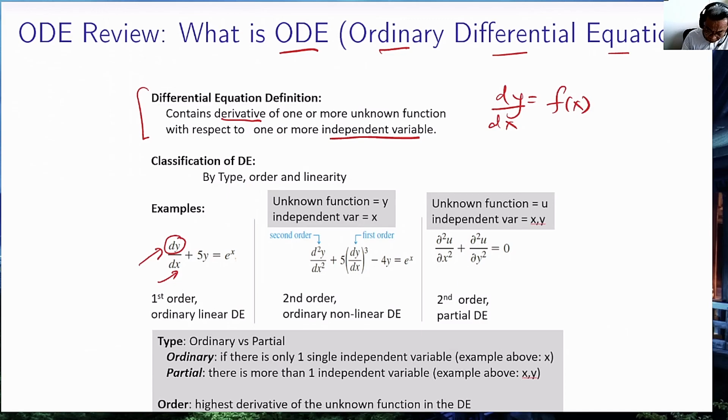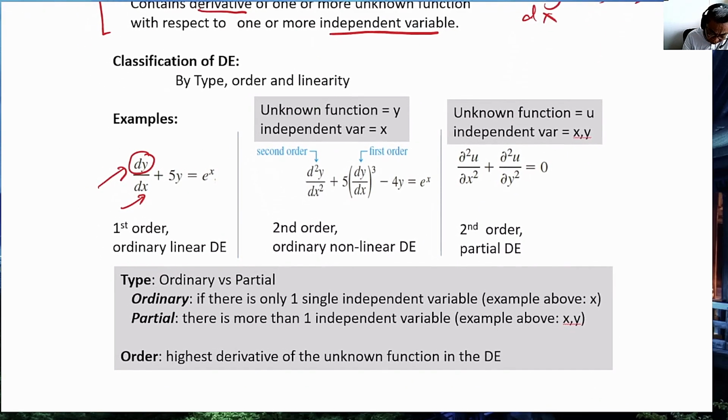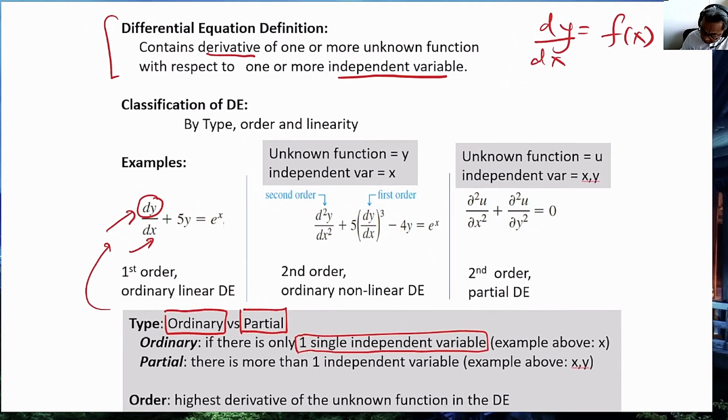The other term we are using is ordinary. So ordinary differential equation as opposed to partial differential equation. In ordinary, there is only one single independent variable. In our example here, the first one, the single independent variable is x. In the second one, partial, where we have more than one independent variable, the independent variables are x and y, where u is our unknown function.